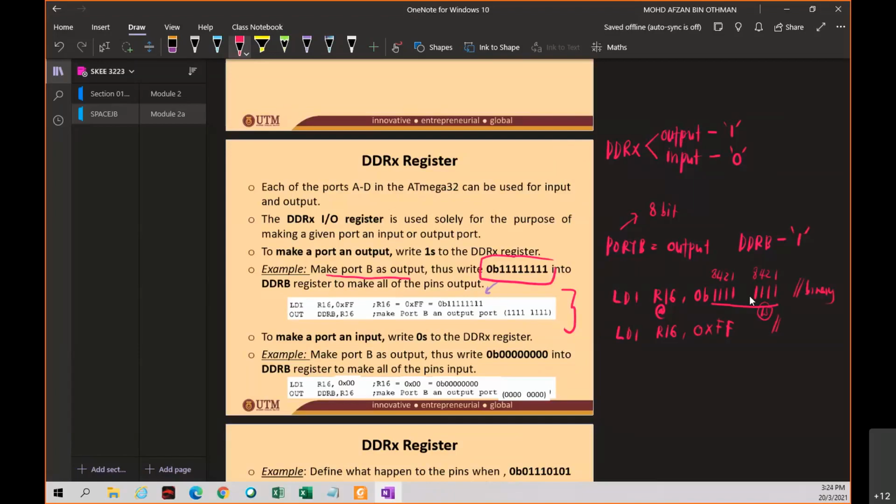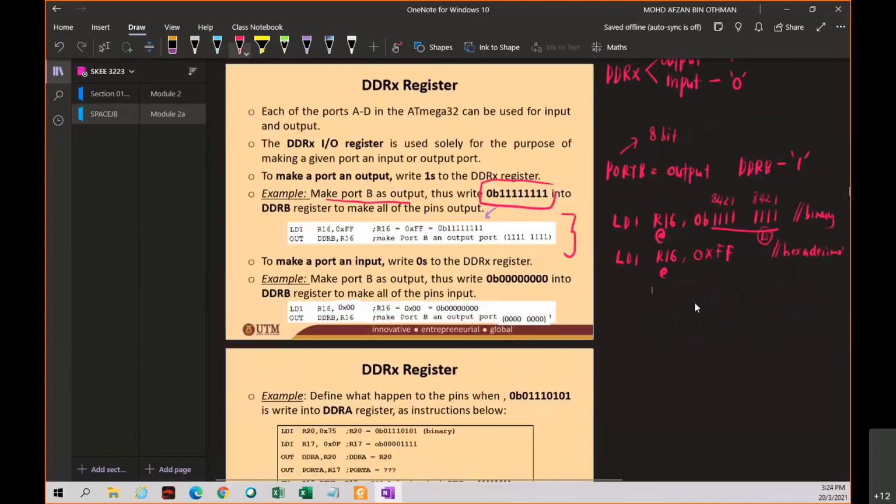Okay, so this one in hexadecimal. Tak nak hantar dalam hexadecimal, nak hantar dalam decimal number. Boleh. Pakailah load I R16, tukarkan FF ke dalam decimal number. So kamu akan dapat 255.